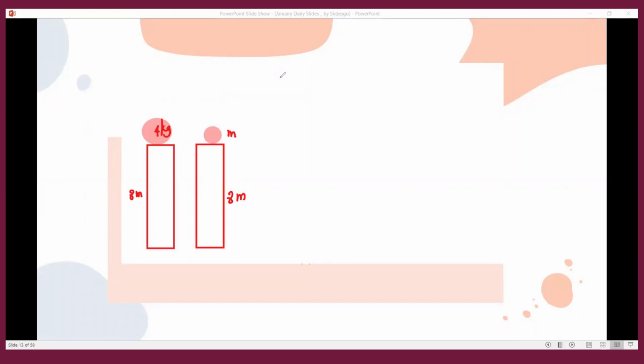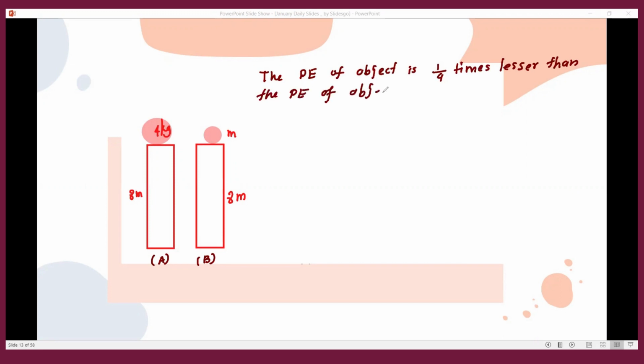Let's say this is object A and this is object B. The potential energy of object B is this many times lesser than the potential energy of object A. The question is to find the mass of object B. How do we do that?